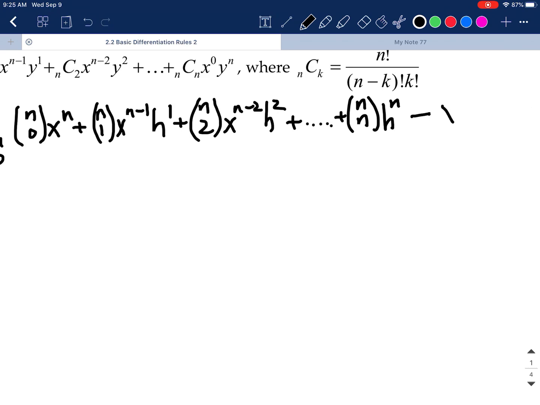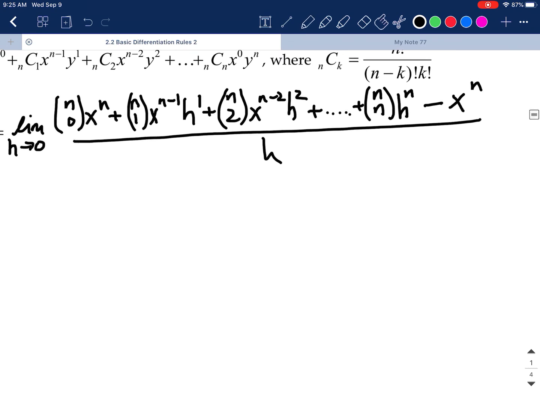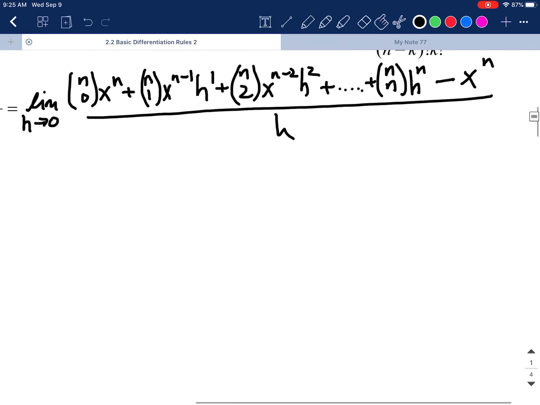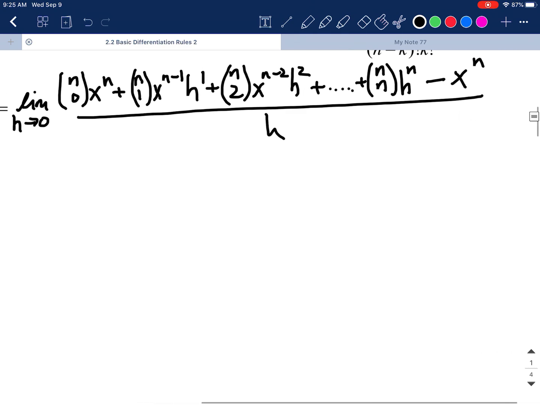And then let's not forget that we're subtracting from that x to the n. And it's going to be all over h. So a whole bunch of stuff over h. So now, if we move our work down below here, let's see what we get in that numerator.